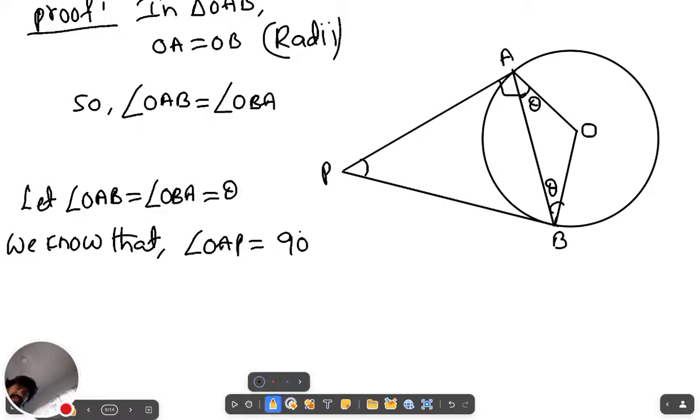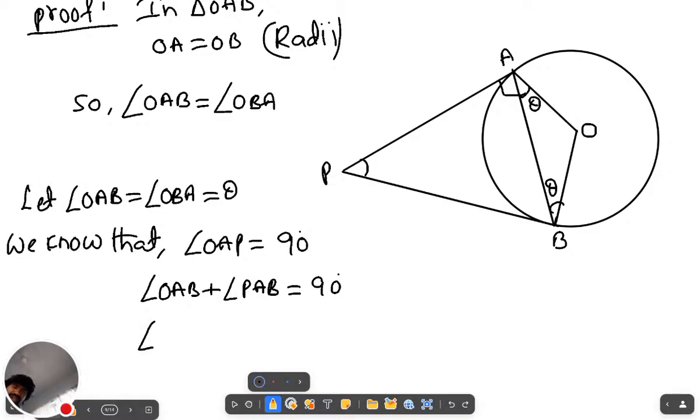Angle OAP can be split as angle OAB plus angle PAB. So the angle at A can be split as angle OAB, this part, and angle PAB, this part. So both together are equal to 90 degrees, right?